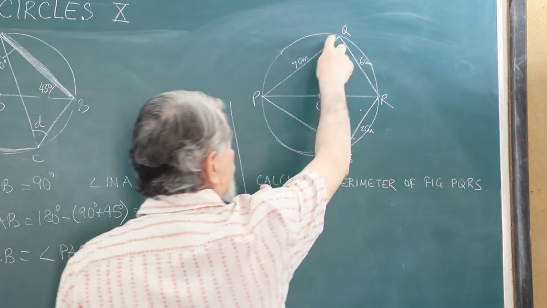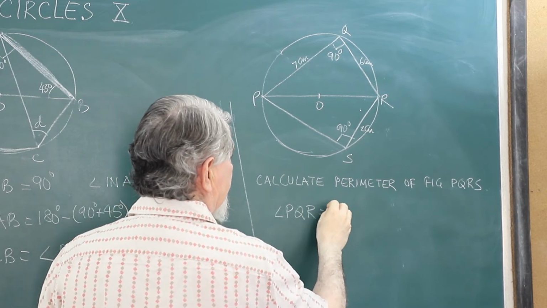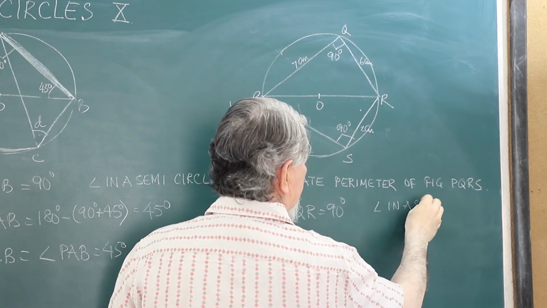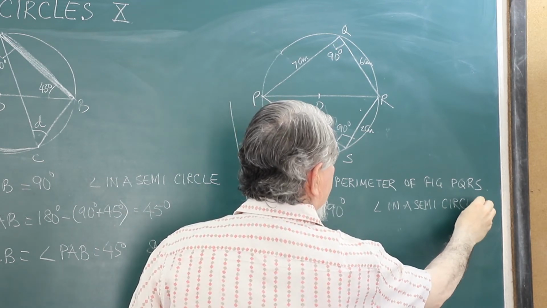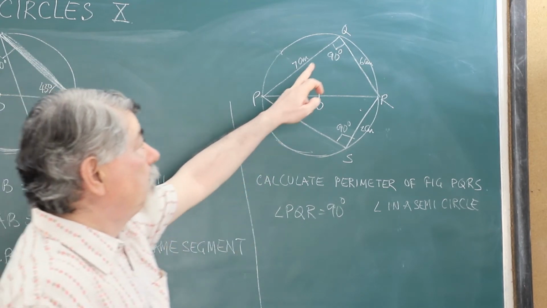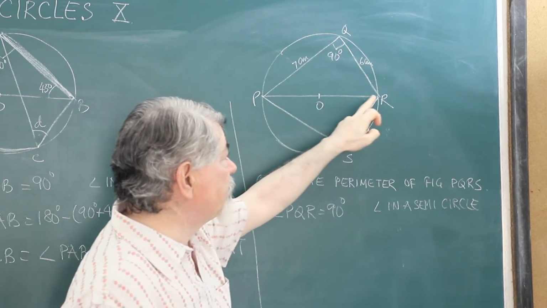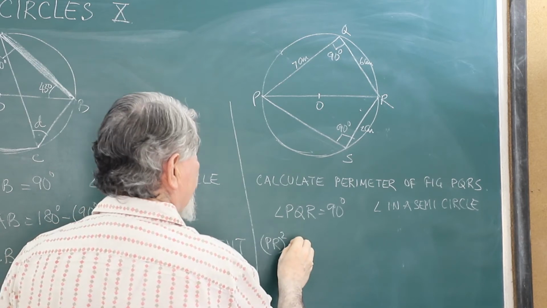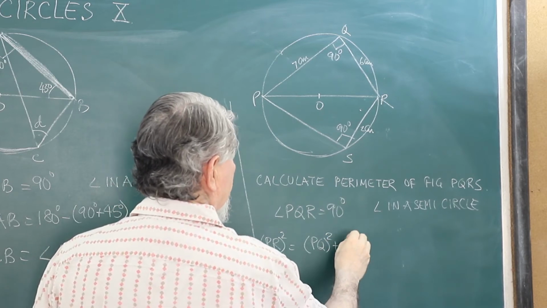In the triangle PQR, I will say angle PQR is 90 degree, angle in a semicircle. So this triangle becomes a right angle triangle. PQR is a right angle triangle, and the side opposite to 90 degrees is the hypotenuse. So I must find the hypotenuse, that is PR square will be equal to PQ square plus QR square.